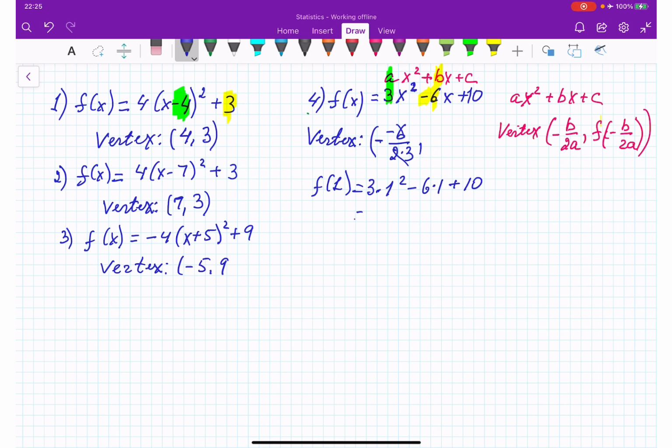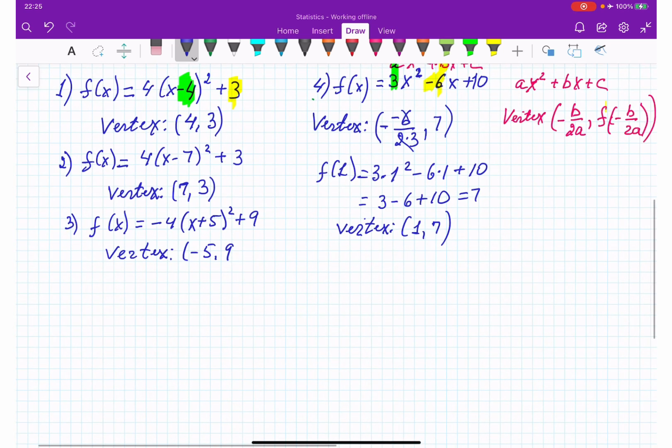So it's going to be 3 minus 6 plus 10. 3 minus 6 is negative 3, plus 10 is equal to 7, which means this is going to be 7. So let me rewrite it clean. The vertex is 1 and 7. Okay? Next one.